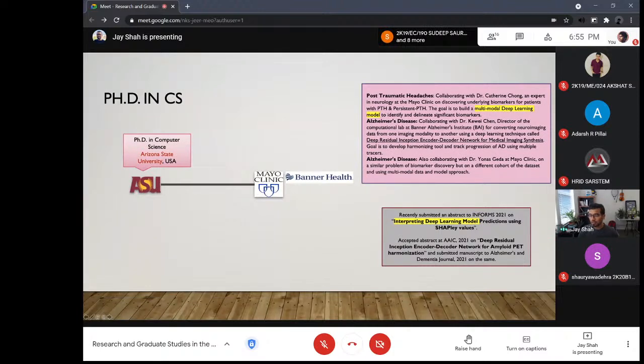I forgot the full form for that, but this is something I'll be presenting in the next couple of months. And as I said, this other accepted abstract from the Alzheimer's Association is planning to be published in July, I think. I'll share it later with anyone who is interested.